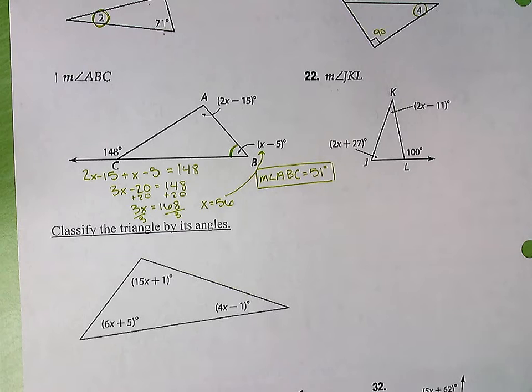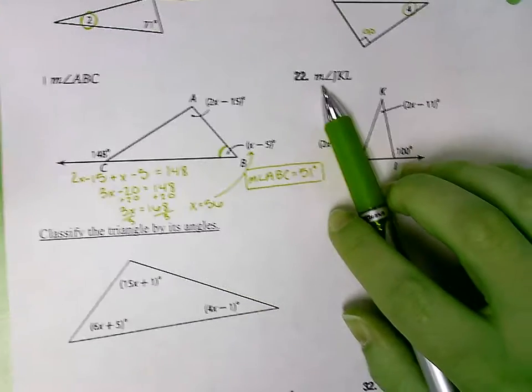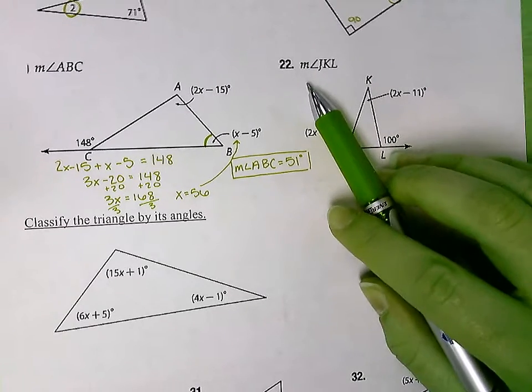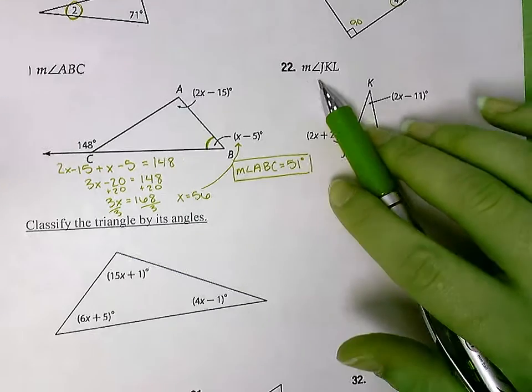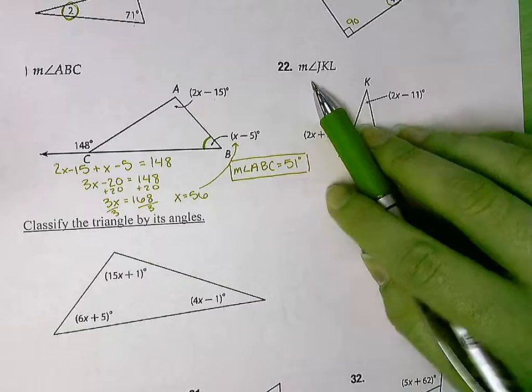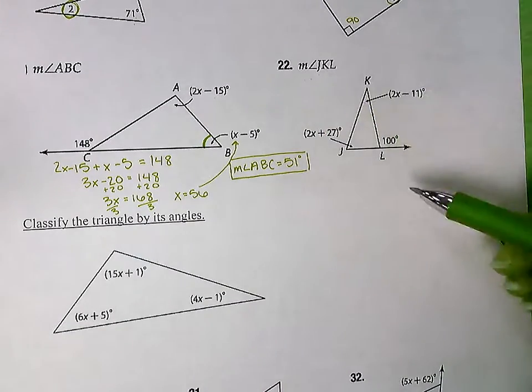All right, so looking at number 22, we're finding the measure of angle JKL. You went over angles last year, how to label an angle. When they're talking about angle JKL, you need to go in order of those points.